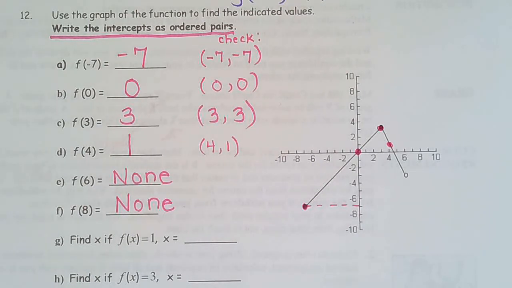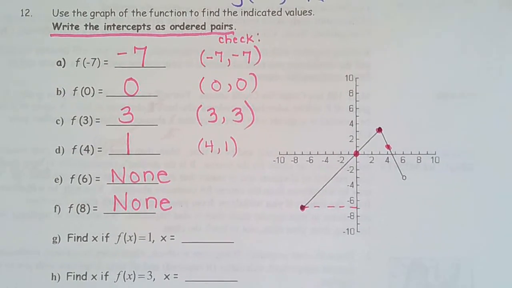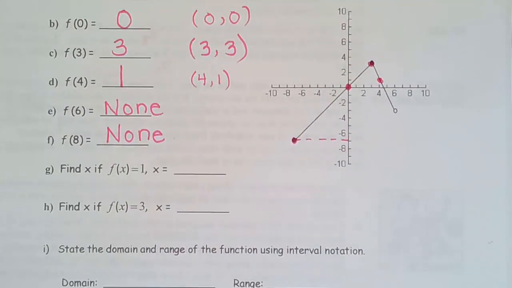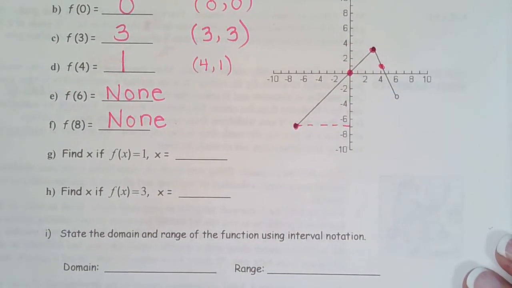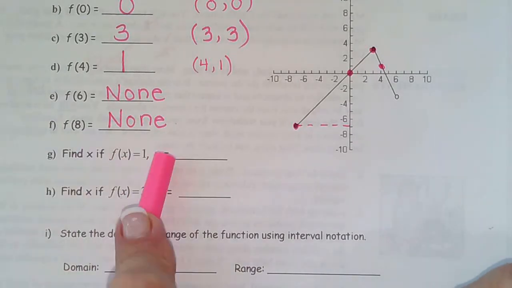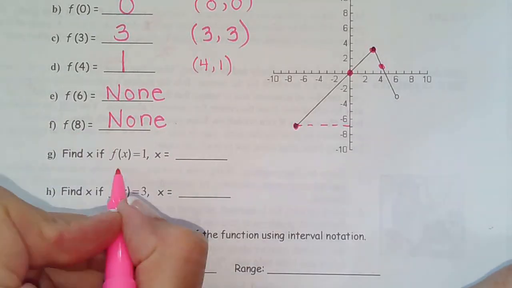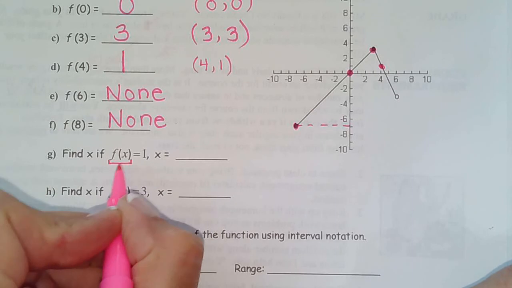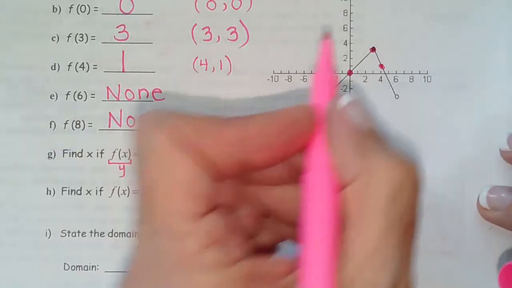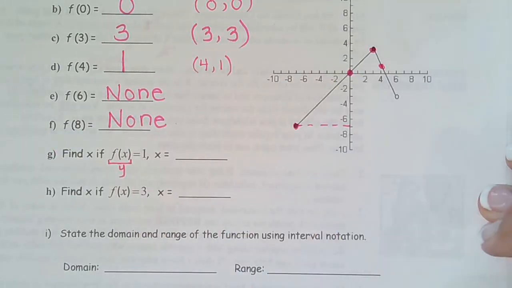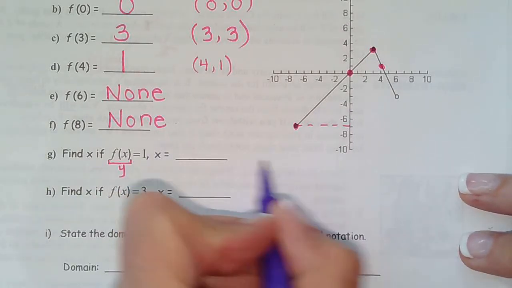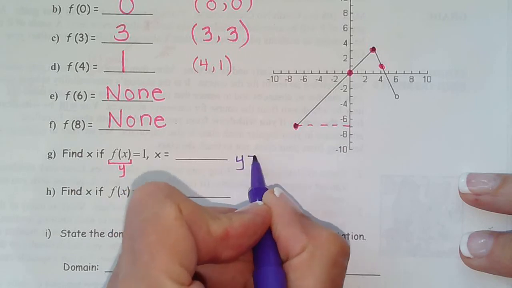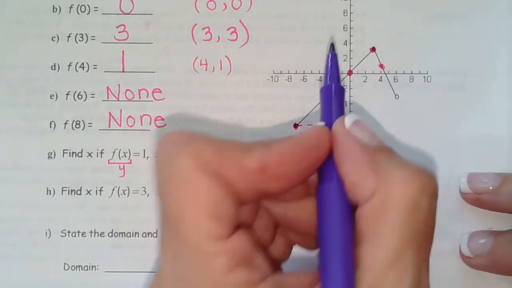Okay, now they're switching gears on us, so don't get tricked by this. Now they're saying find X. So that means we want to know what X is when Y is 1. Let's get a different color here. Remember when we were doing this in our notes, I told you to draw a horizontal line because that's what Y equals 1 is.